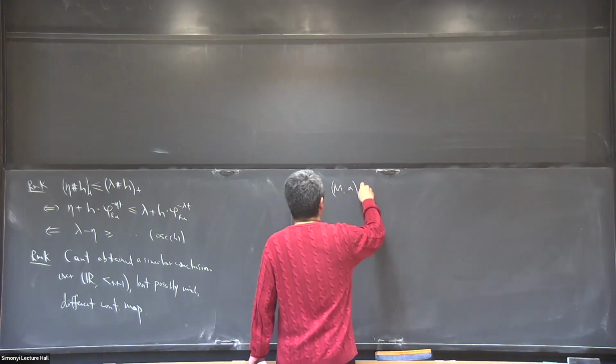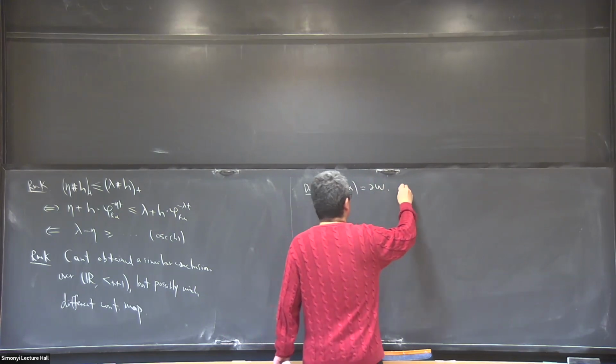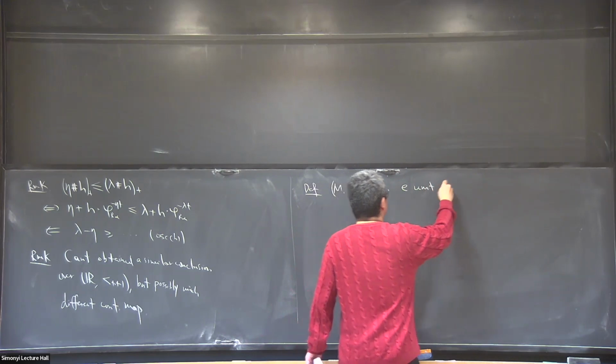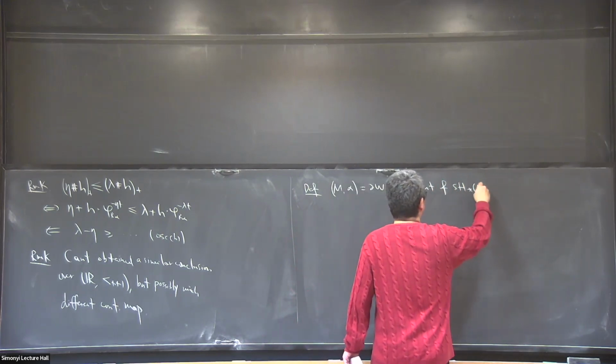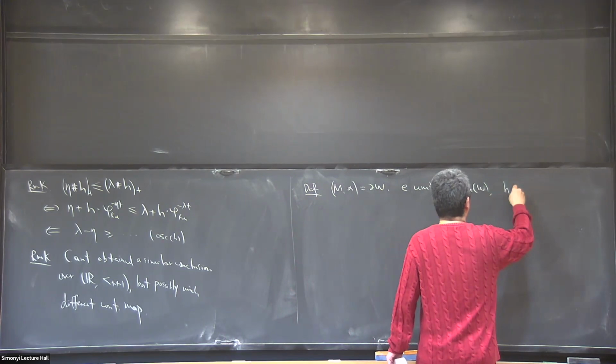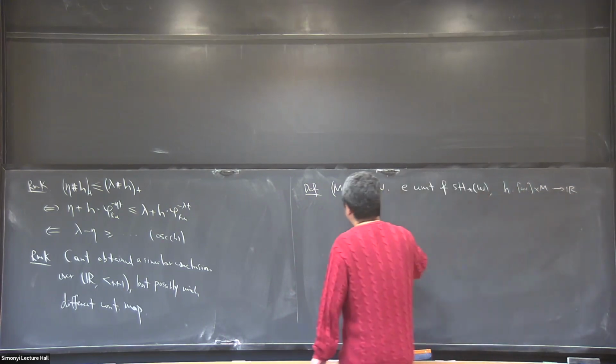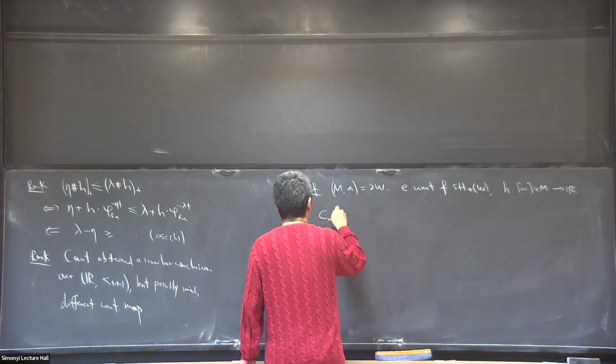Here, let me use an easy way to define that. So again, you have this setting, and let's say E is the unit of symplectic homology. And if I give you the Hamiltonian function, you can define the following spectrum invariant.